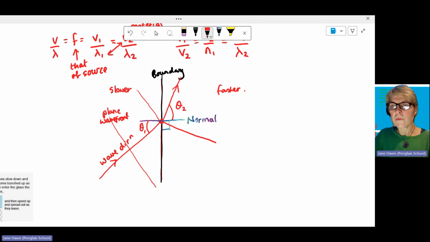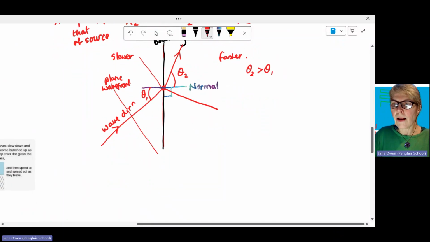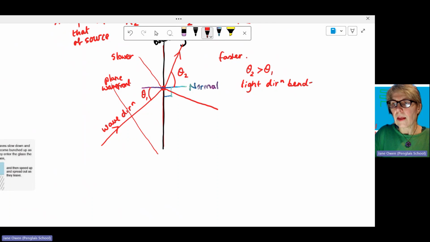The light could be going from faster to slower, and in that case the wave direction bends towards the normal. But as we have it at the moment, the wave is going from slower to faster, so angle theta 2 is going to be greater than theta 1 because the wave direction bends away from the normal.